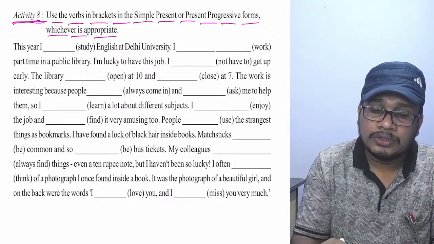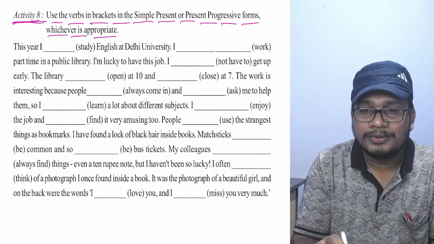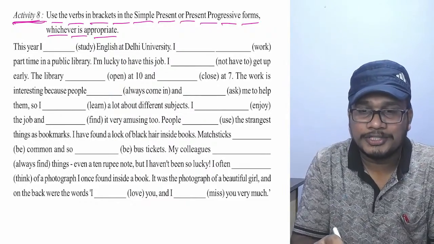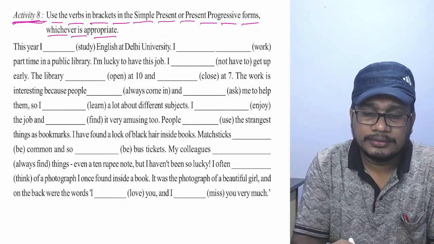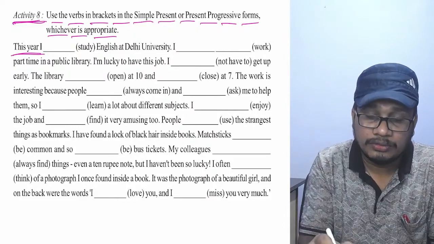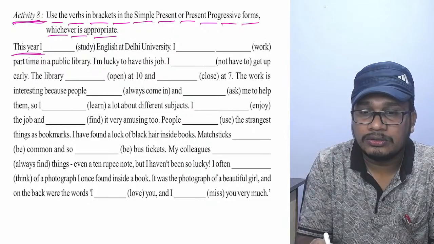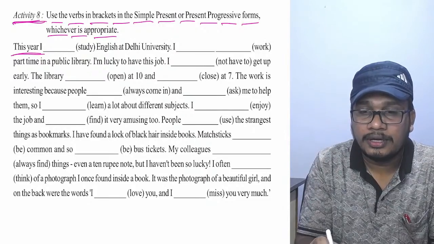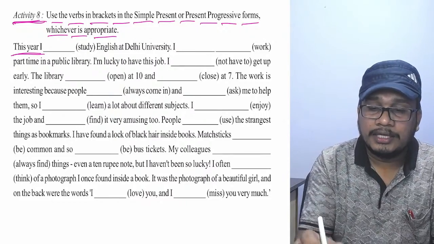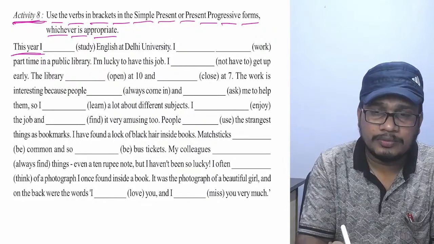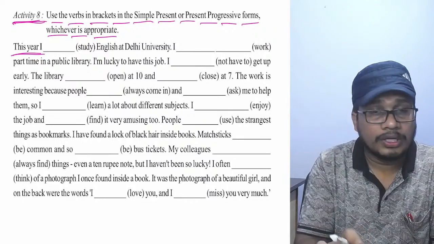Coming to the first question: this year I dash study English. This year refers to the present situation and the continuity of an action.